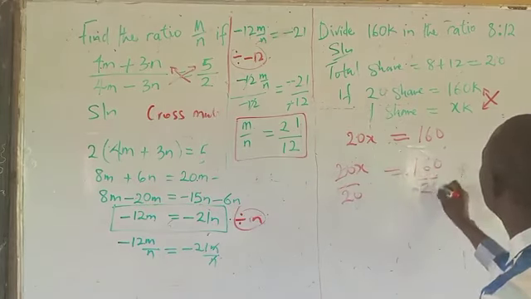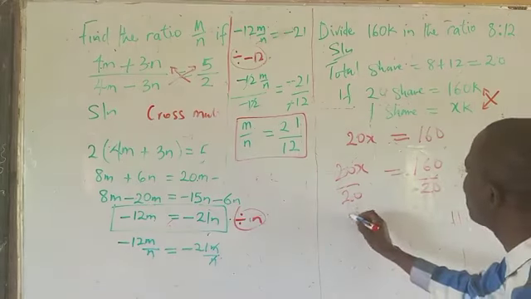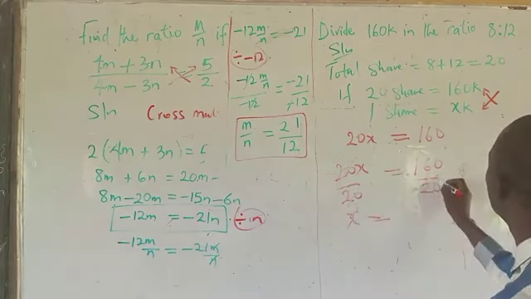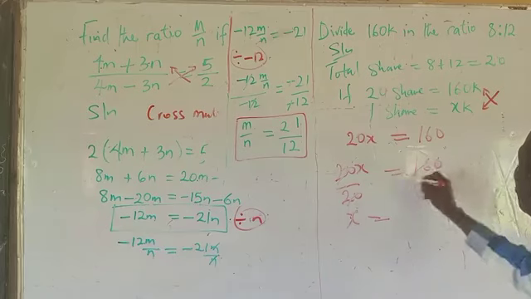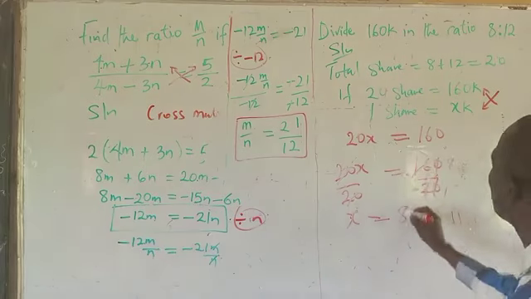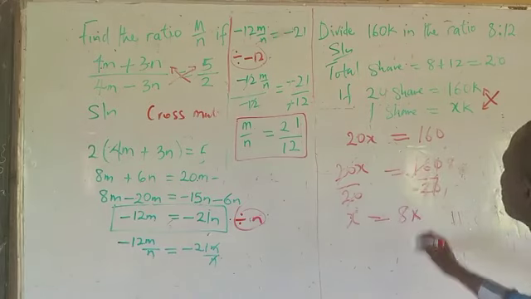160 over 20. And 20 will cancel 20, we will be left with x equals, 2 cancels 2, 0 cancels 0, 2 into 16 is 8. x will be equal to 8 kobo. You see, x equals 8 kobo.